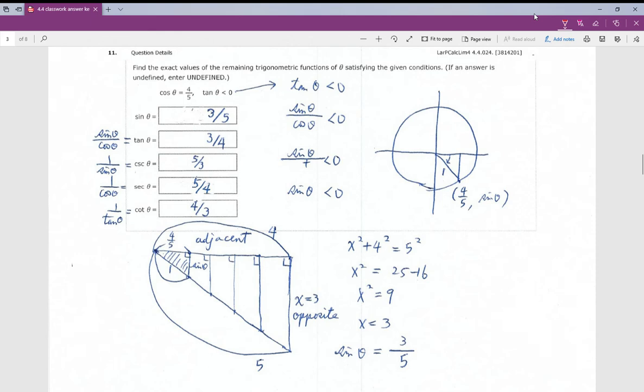Cosine theta, you can say, okay, when the radius is 1, adjacent will be cosine and the opposite will be sine. So this is adjacent, this is opposite.